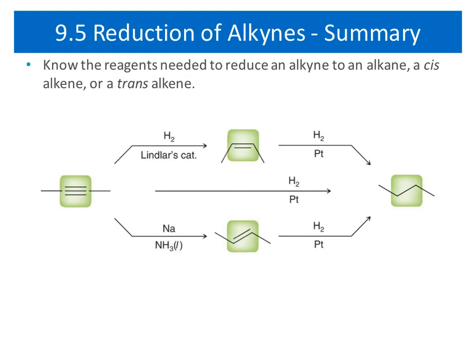Now if you want to form a cis alkene out of the alkyne, so we have the cis alkene here, we need to treat the alkyne with hydrogen in the presence of poisoned catalysts such as Lindlar's catalyst.